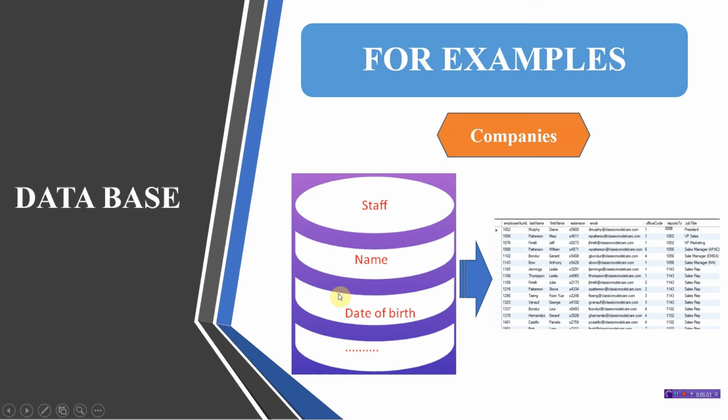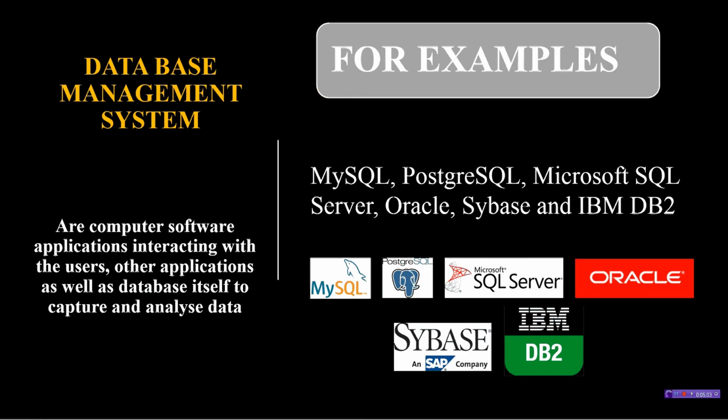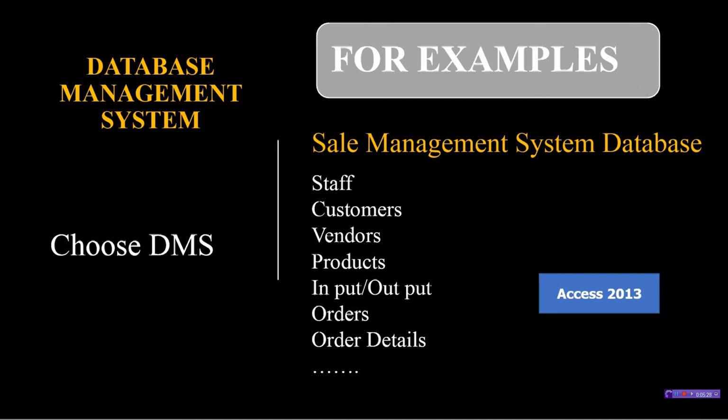And so far we have many kinds of database management systems. For example, the lowest one is Microsoft Excel. A little bit higher is Microsoft Access. And we have MySQL, MySQL Server, Oracle, and so on. For example, for a database management system for sales management, we need to identify that the database includes some tables.